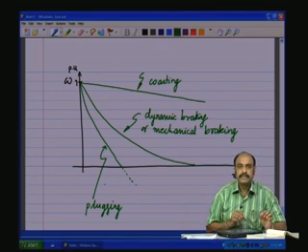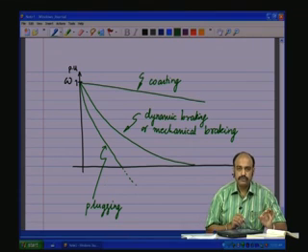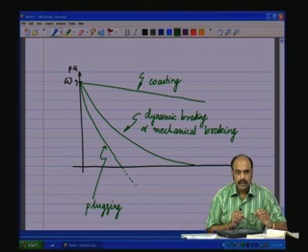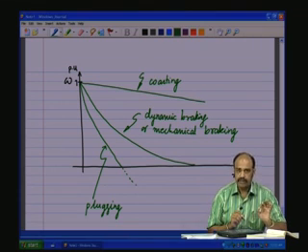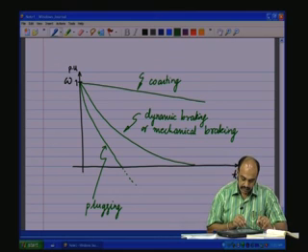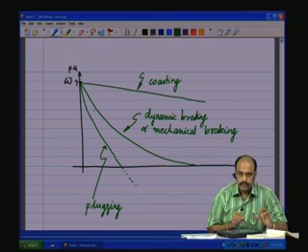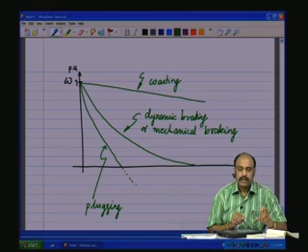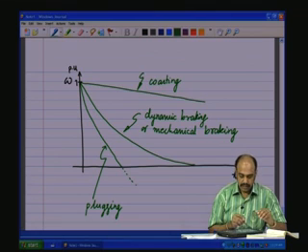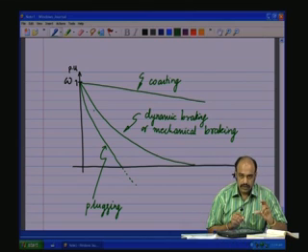You can control the rate of decay of the speed by controlling the value of EP or the value of RP. Dynamic braking is putting a resistor across the terminals of the armature, and you can control the speed of decay by controlling the value of the resistor RB, which is being put across the terminals.